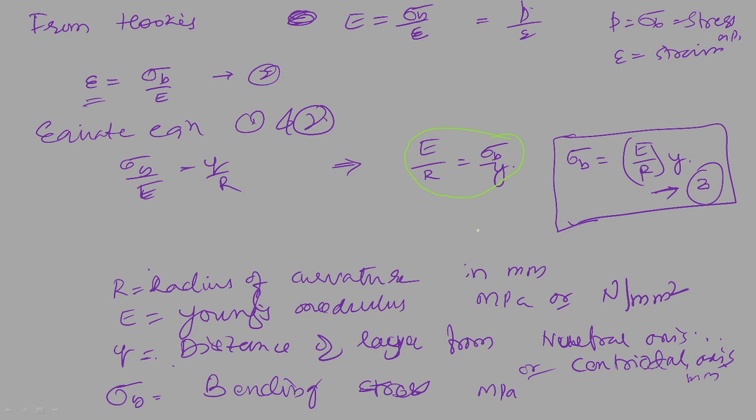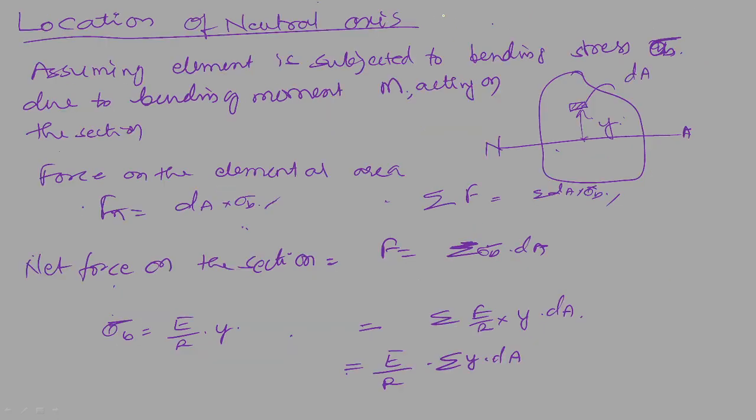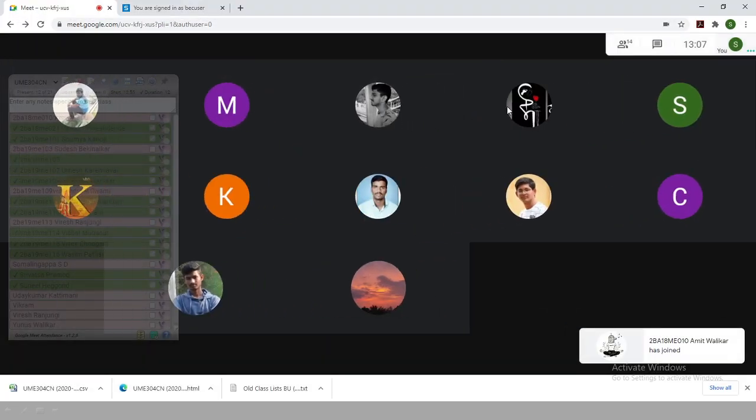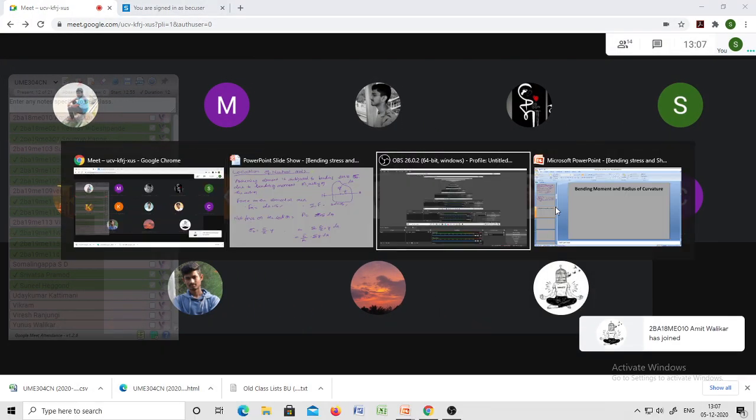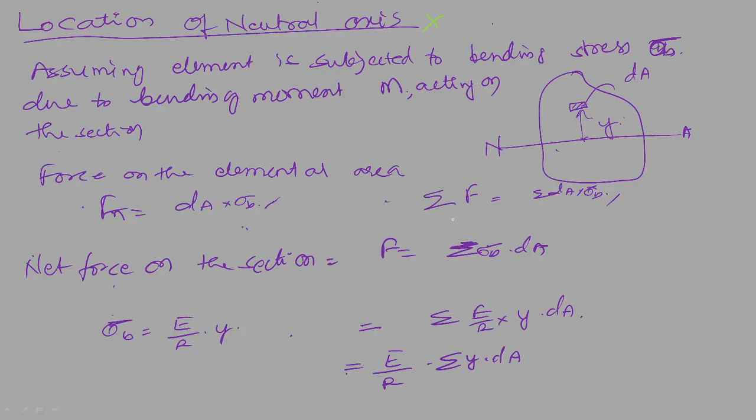Now, to identify the location of the neutral axis, you took a small element from an irregular shaped beam, a small element of area dy, and when you went for equilibrium conditions, you got an equation.